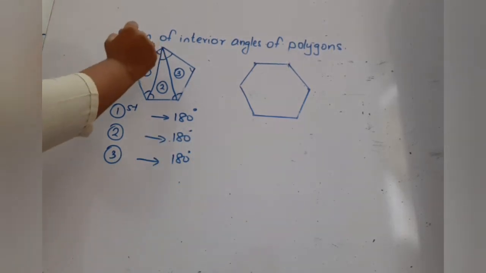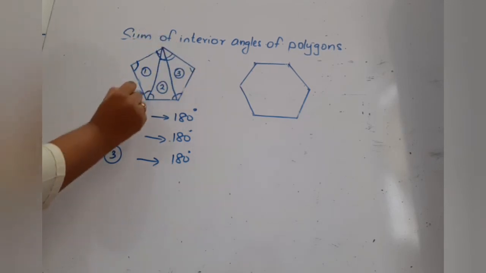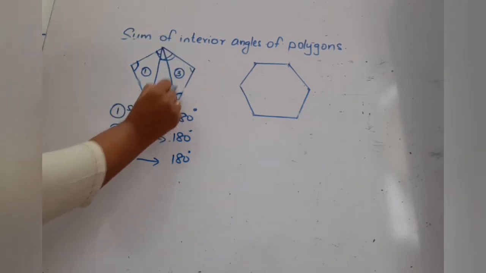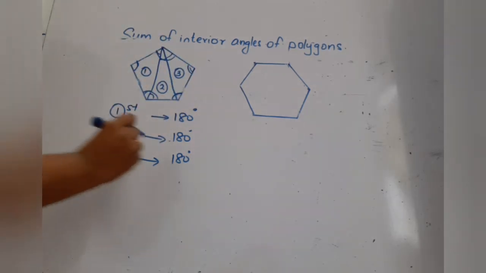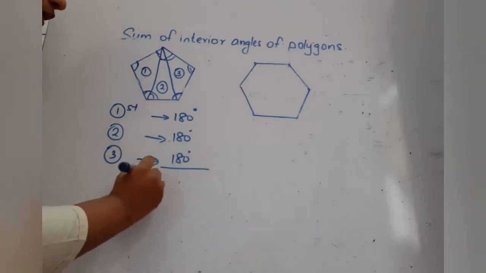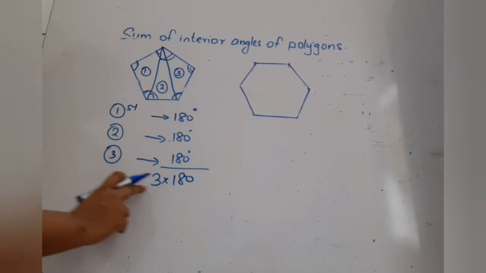So if you add all these interior angles, can you see this? You will get the sum of the interior angles of this pentagon. So you should add all 3, or else you can multiply 180 degrees by 3.